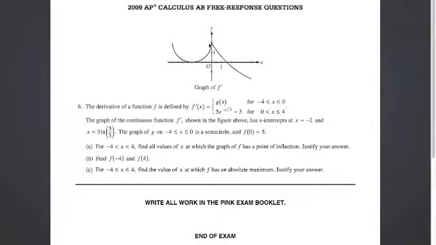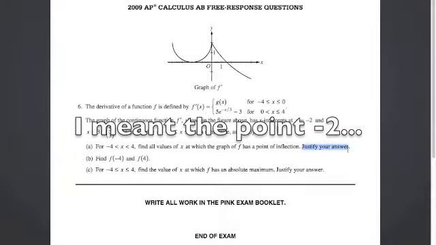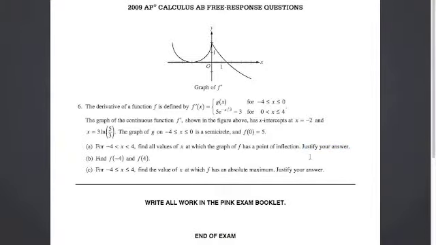So your justification would be simple. You'd state that at negative 2, the slope goes from decreasing to increasing, and then at 0, the slope goes from increasing to decreasing. And that would be your f double prime graph.